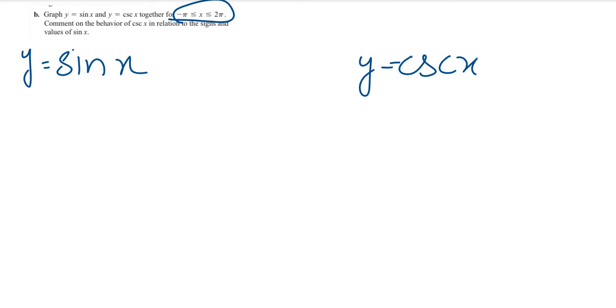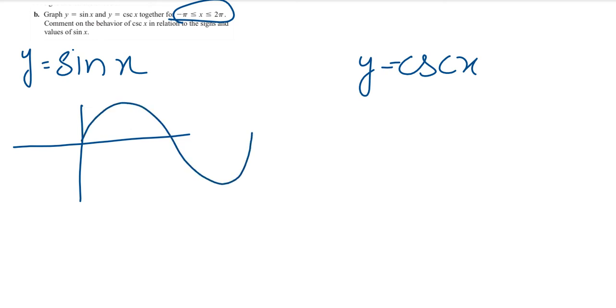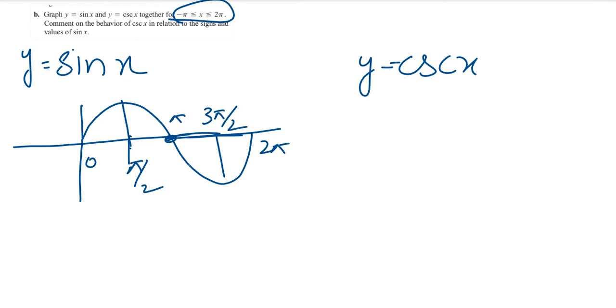So you know about the graph of sin x. It starts from here, ends up over here. The midpoint is pi, and the midpoint of this whole semicircle is pi by 2, and over here is the positive pi by 2.